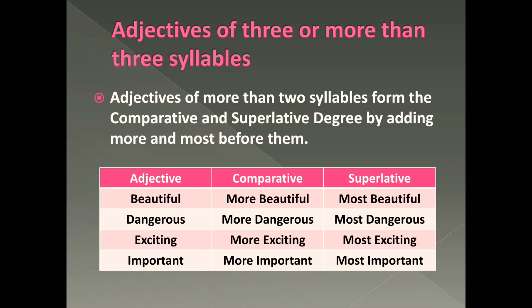Similarly, dangerous, exciting, important. All these are words of more than two syllables. So we have to add more in case of comparative degree and most in case of superlative degree.